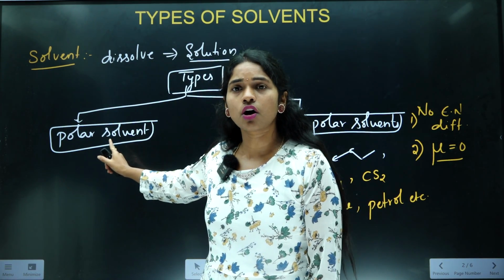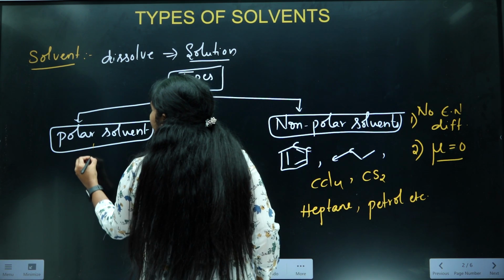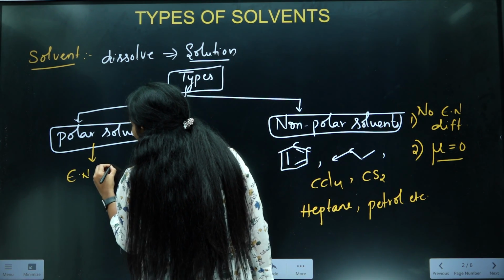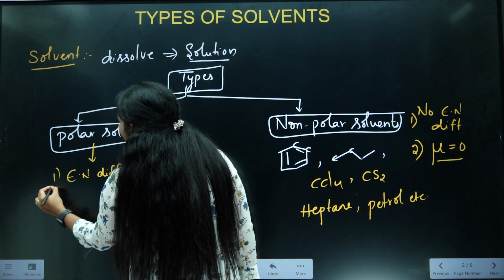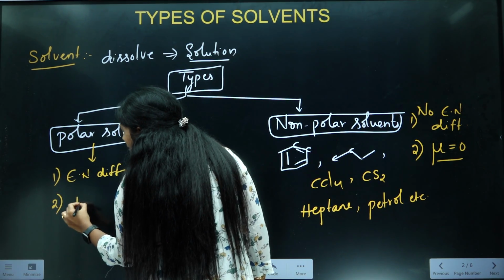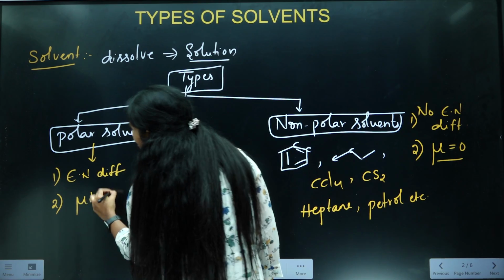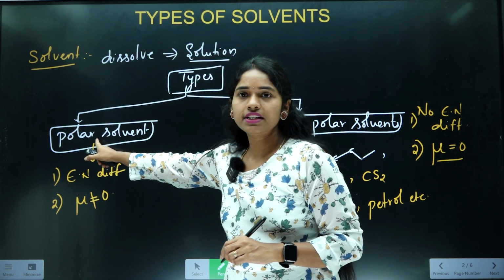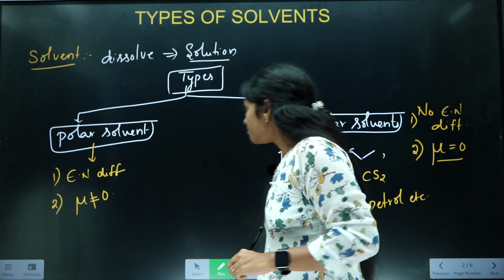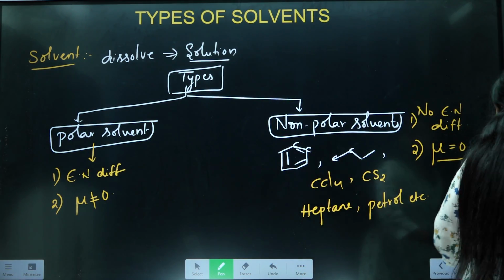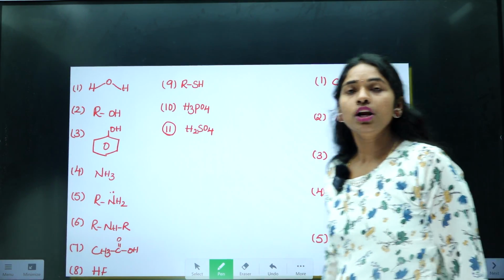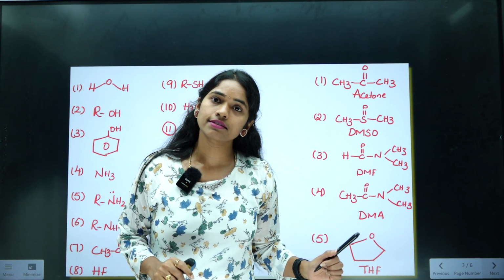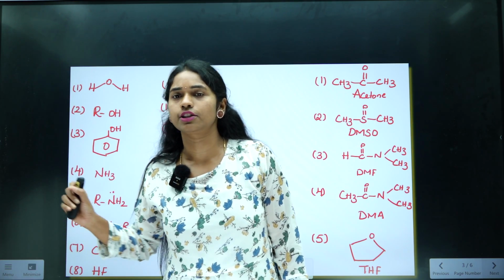What are polar solvents? The solvents in which there is an electronegativity difference and the dipole moment is not equal to zero are polar solvents. Let us see the types of polar solvents. Polar solvents are of two types: polar protic solvents and polar aprotic solvents.